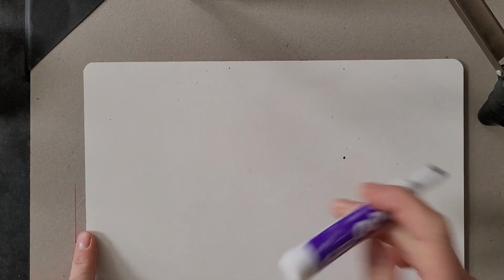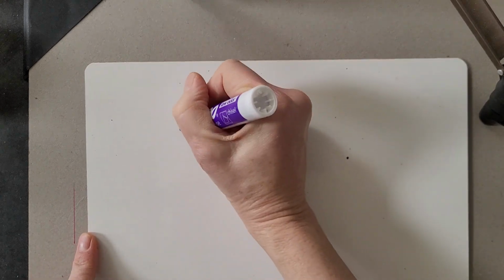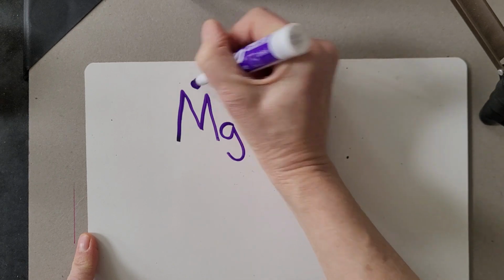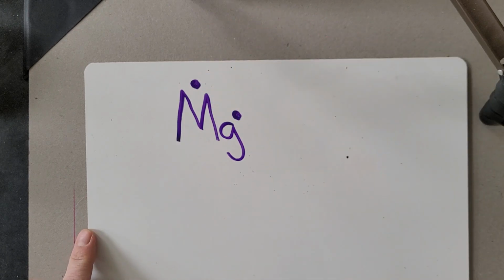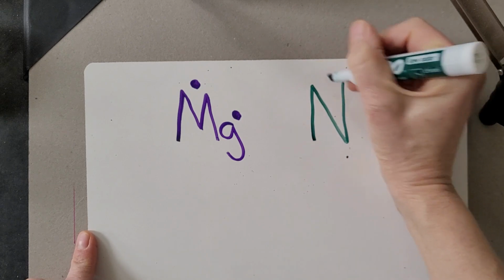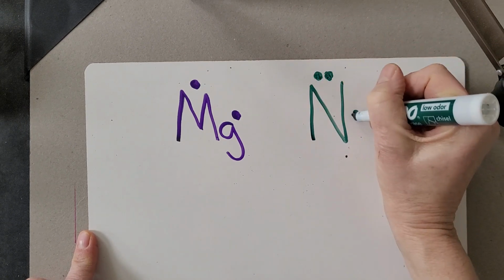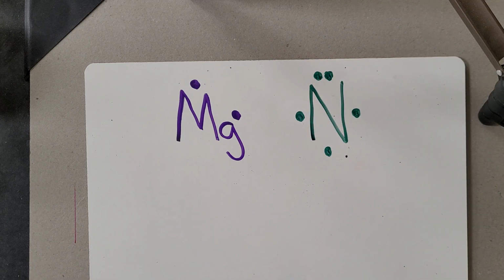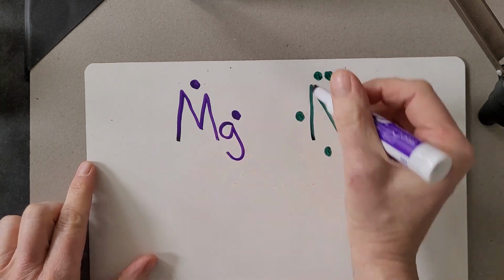So we've got magnesium, Mg, and magnesium has 2 valence electrons, and nitrogen, and it's going to have 5, like that.